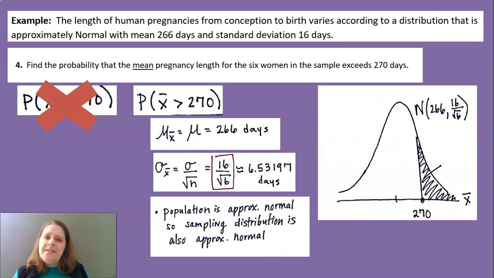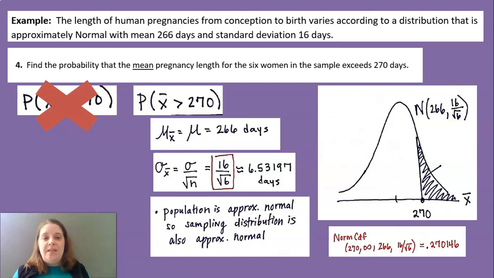I wrote that up there as 16 over the square root of 6 for the standard deviation, but you could also write something like 6.531. I've got my 270, exceeds, to the right. I'm going to use my norm CDF, this time from 270 up to infinity, with a mean of 266 and a standard deviation of, in my calculator, I typed in 6.532, I think.